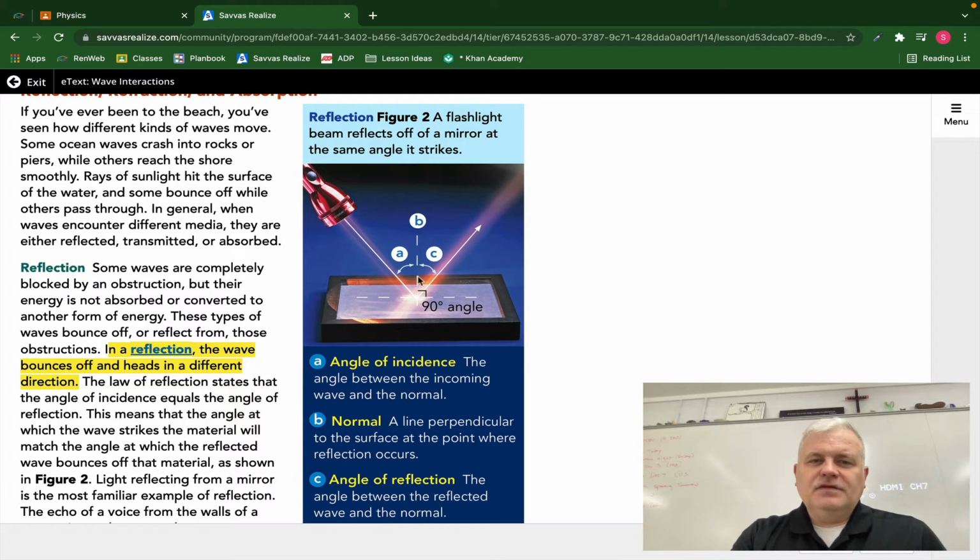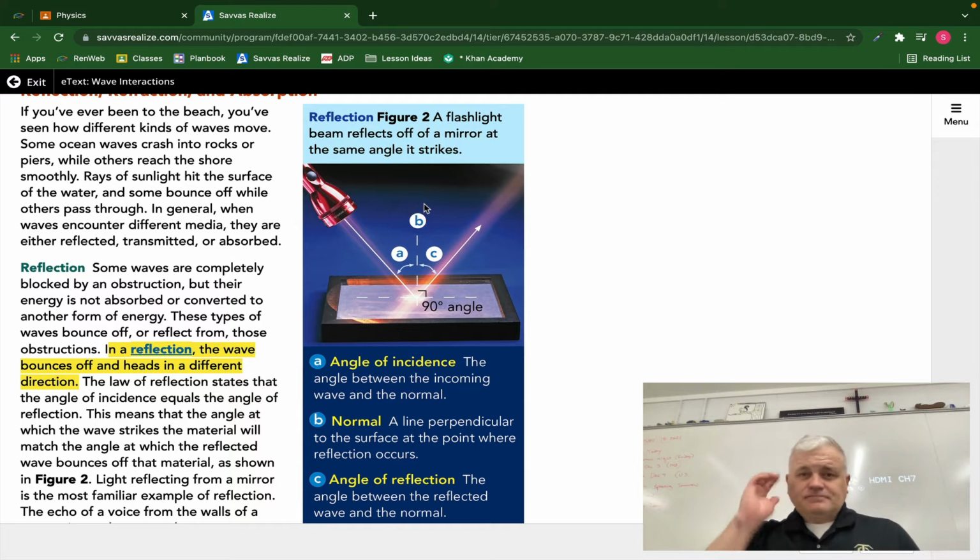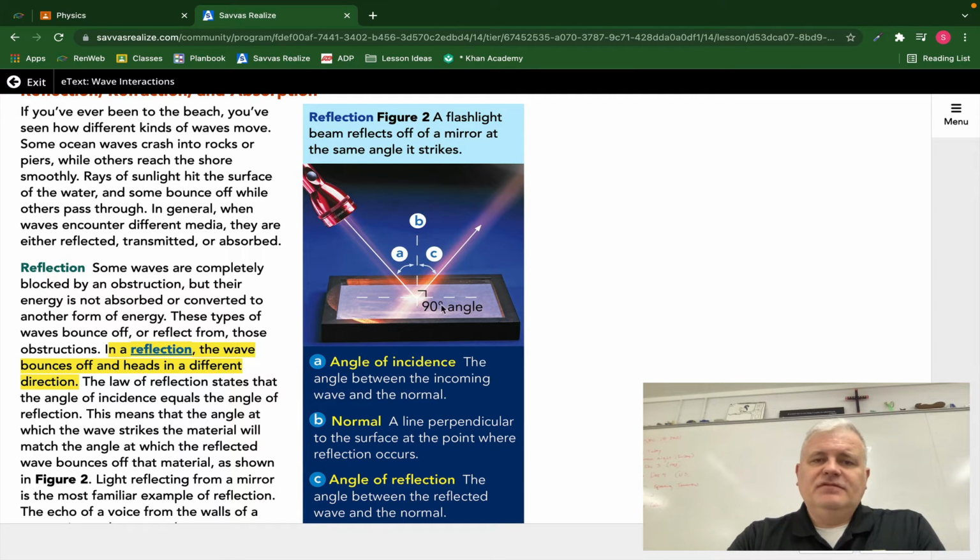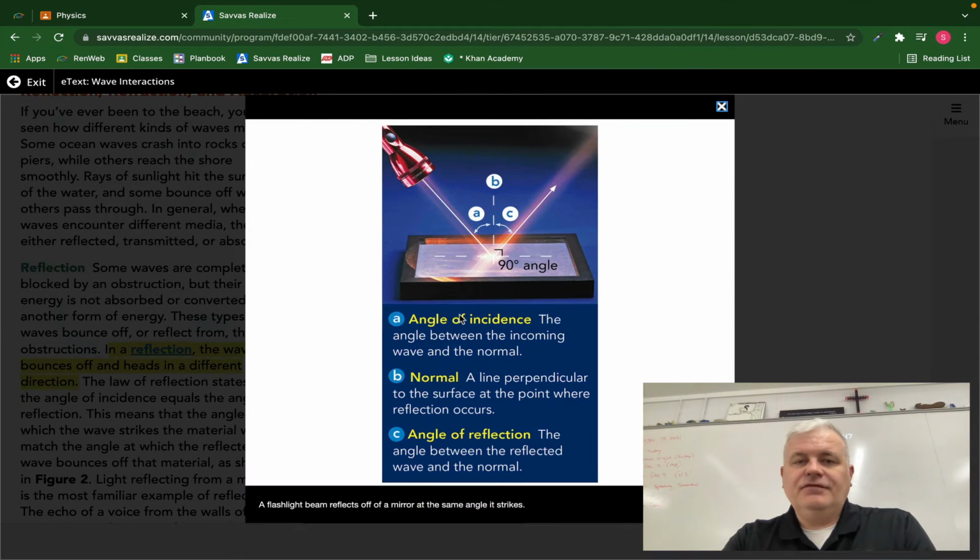But in this case, the tricky part for a lot of students is always B, or the normal. But it makes total sense. So angle of incidence and then angle of reflection. In a 90-degree angle, which is really nice to have, you have 45 and 45 degrees, right? But sometimes this is going to be 60 degrees, or you might have a 45-degree angle of reflection itself.